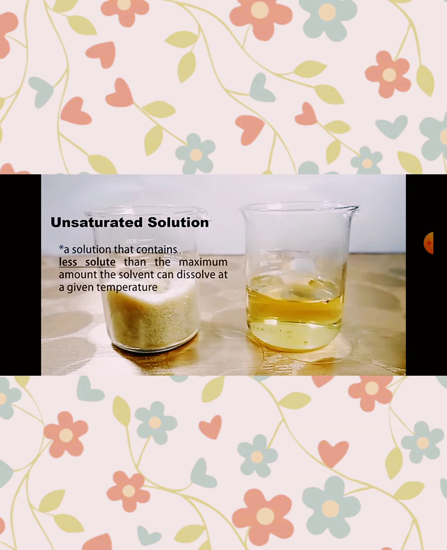Unsaturated solution is a solution that contains less solute than the maximum amount the solvent can dissolve at a given temperature. Its color is lighter than saturated and supersaturated solutions.